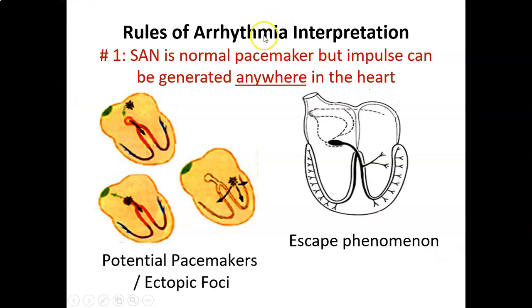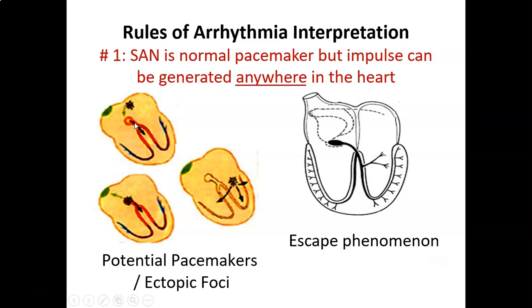Now a few rules of arrhythmia interpretation. Rule number 1, the sinus node is the normal pacemaker, as we have discussed previously, but impulse can be generated anywhere in the heart. So what it means? Any area, any wall, any muscle, any chamber of the heart is capable of generating its own electricity. But nature has protected us from this, because God has gifted us with the SA node, which normally fires and controls all the electrical events.